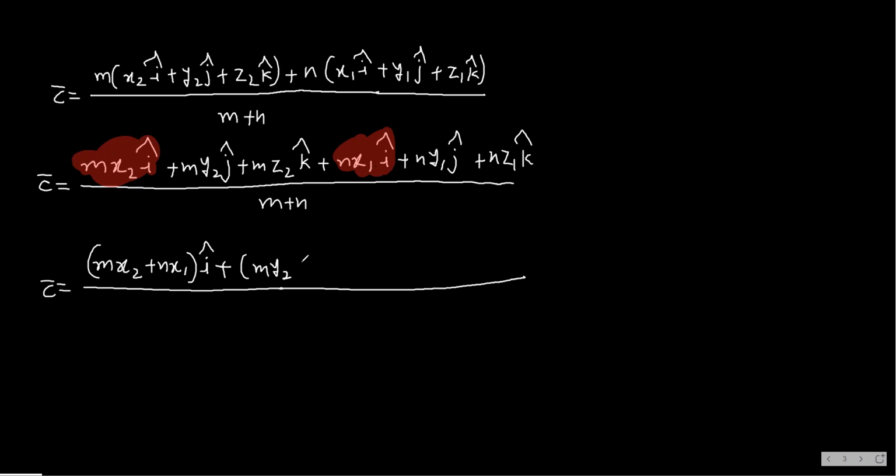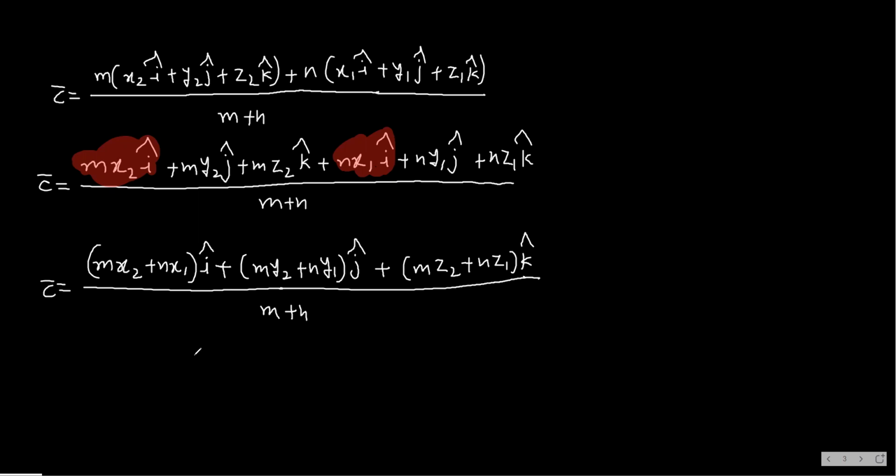So my2 plus ny1 times j cap, and finally mz2 plus nz1 k cap, upon m plus n.